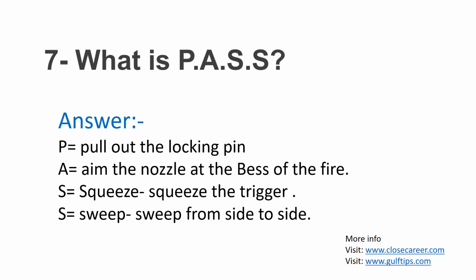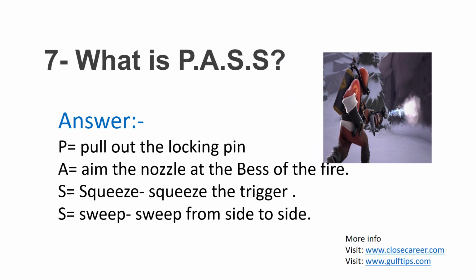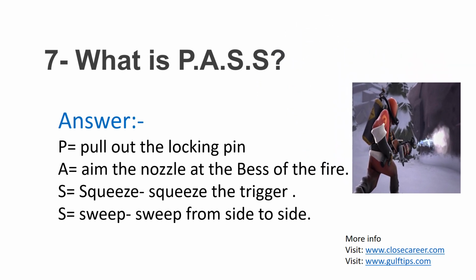First, we have to pull out the pin and aim the nozzle at the base of the fire. Squeeze the trigger. When we squeeze, it presses the cylinder and the contents come out from the nozzle, and sweep the nozzle side to side. Just like this.